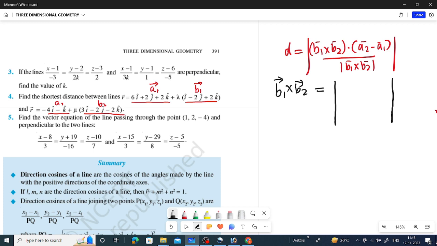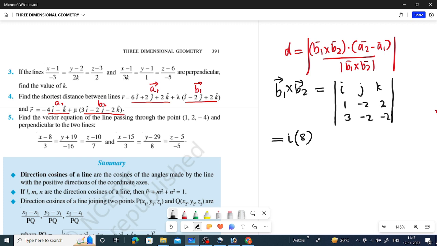cross product? i, j, k, and first vector b1, its components we write 1, minus 2, 2. Second vector's components 3, minus 2 and minus 2. Okay, so the answer is i into 4 minus minus 4, that is 8.